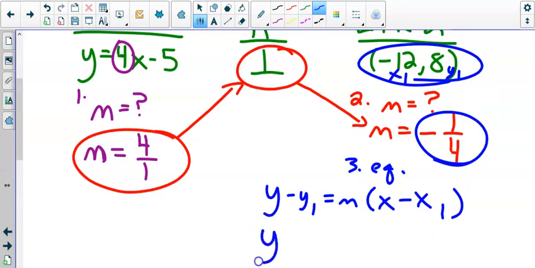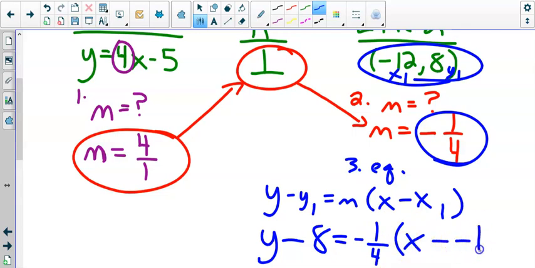So y minus, what's my y1? 8. Equals, what's my m? Negative 1/4 it is. Parenthesis x minus, what's x1? Negative 12. And you need both of those because this guy comes from the formula. This one came from the number. You need both.